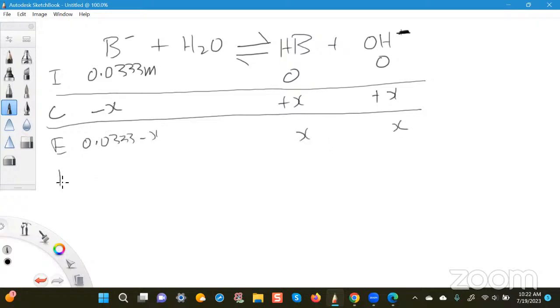So we can write down the KB expression for this, which is X squared over... well, let me do it stepwise.